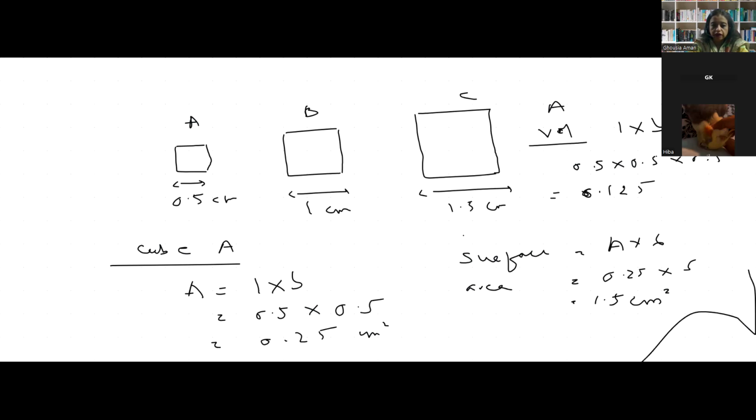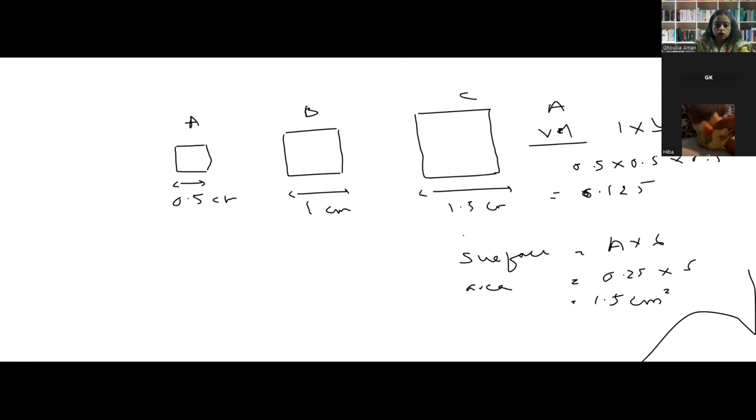The surface area is 1.5 and the volume is 0.125. If I divide 1.5 by 0.125, we get 12. The surface area to volume ratio of cube A is 12.